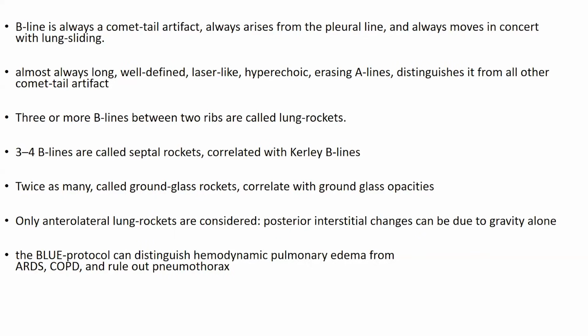You can rule out pneumothorax. How we will do that, we will see in one of the cases, and that's how I told you we will distinguish between all of these things, right? So when we are saying curly B lines, we know we're talking about pulmonary edema. But when there are too many ground glass opacity-like lines, which we see in cases of ARDS, okay.